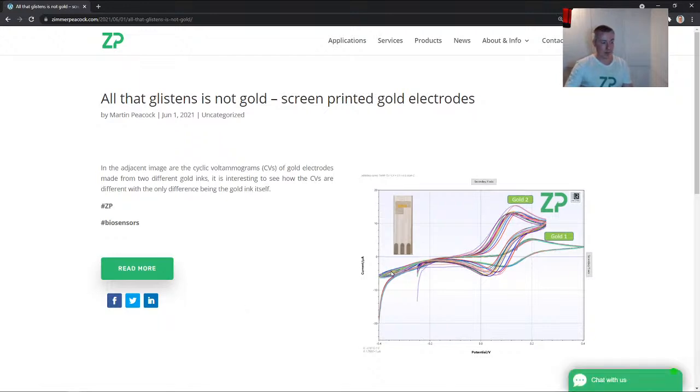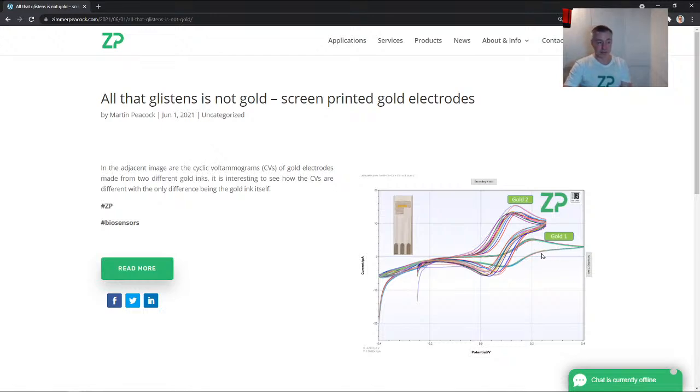We make screen printed gold electrodes, and it was interesting to contrast that we ended up using 2 inks to make screen printed electrodes, and you could really see a difference in the cyclic voltammetry of the 2 inks. One of them, the reproducibility was great.